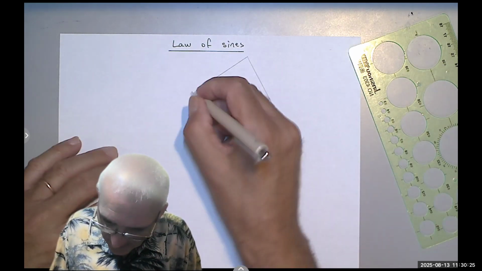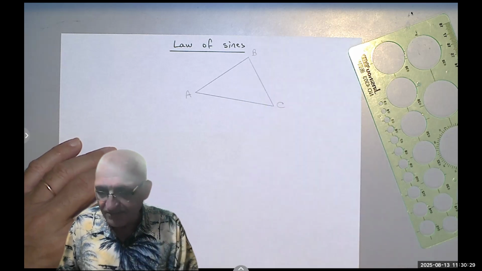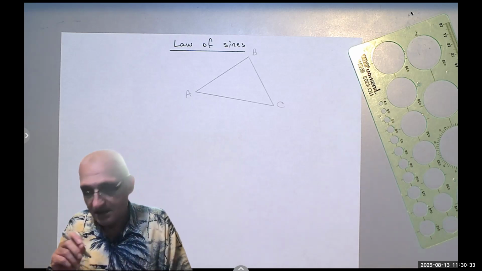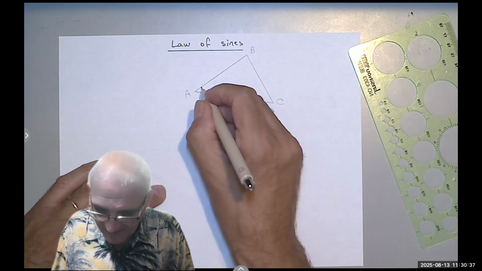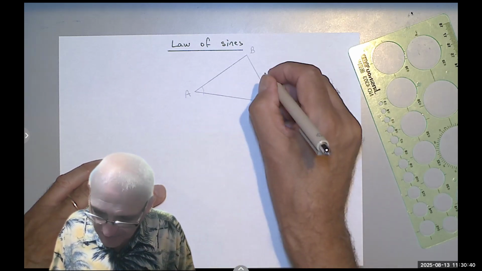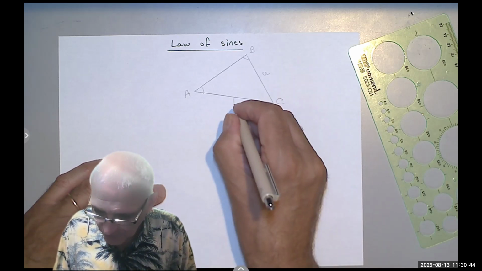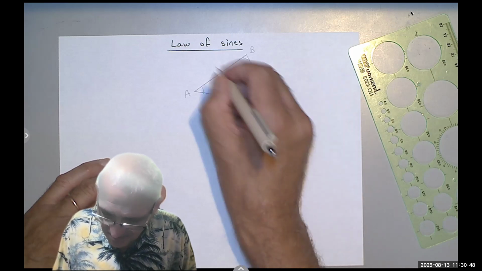So I have a triangle ABC, and I'm going to refer to the opposite side of every vertex with the lowercase letter. If this angle is angle A, the side opposite to it would be lowercase a. If this is B, then this is lowercase b. And if this is angle C, this is lowercase c.